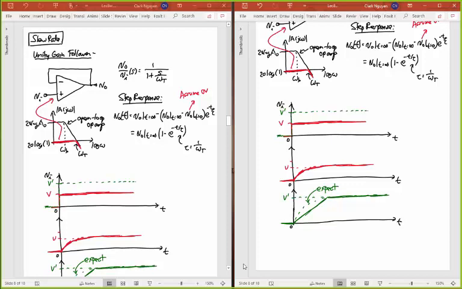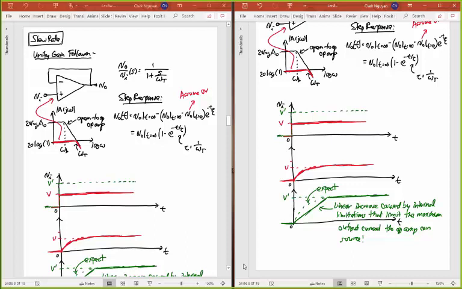Okay, what's happening here is we're getting a linear increase caused by internal limitations of the op-amp circuit that limit the maximum output current the op-amp can source. Okay? And so that linear increase is called slewing.